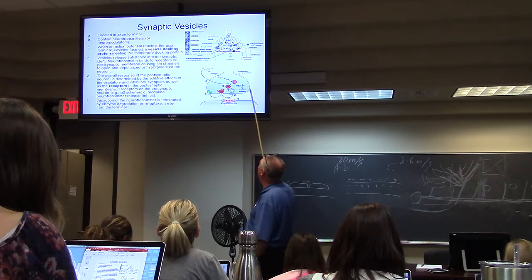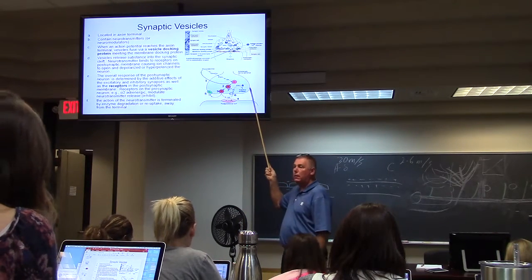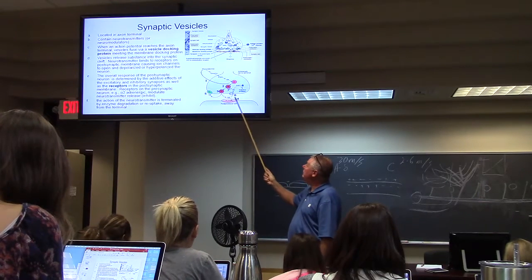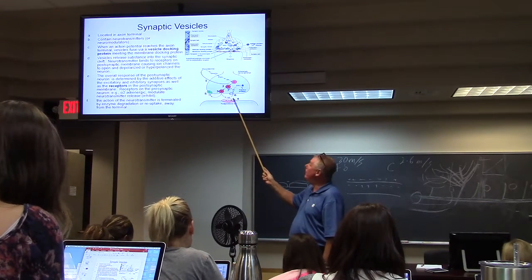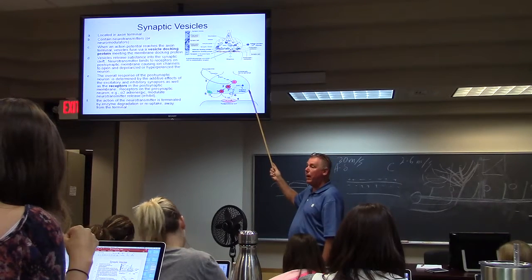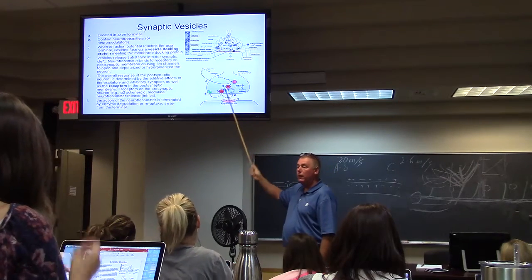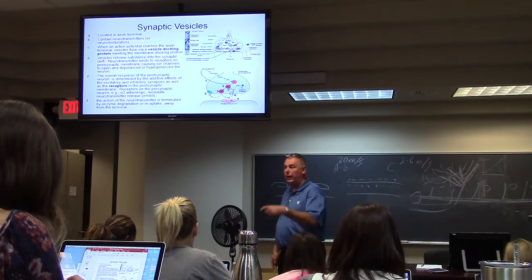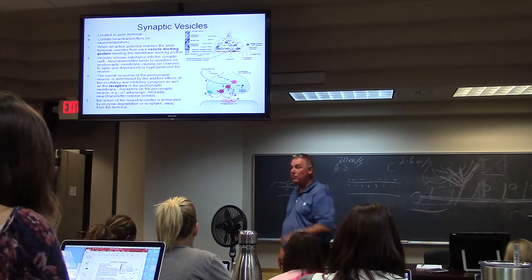So the receptor would be up here. Once norepinephrine is dumped into the cleft, some of it's going to bind down here, but some of it's going to diffuse over here and bind. It's going to shut down the presynaptic excitation. It's a modulator. Okay?